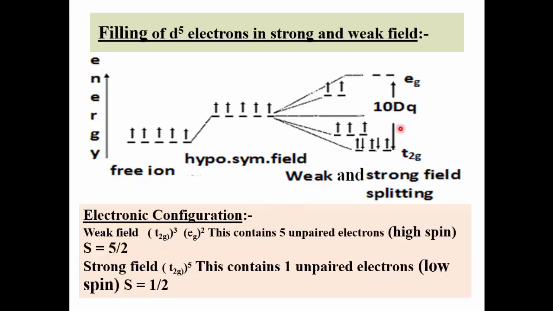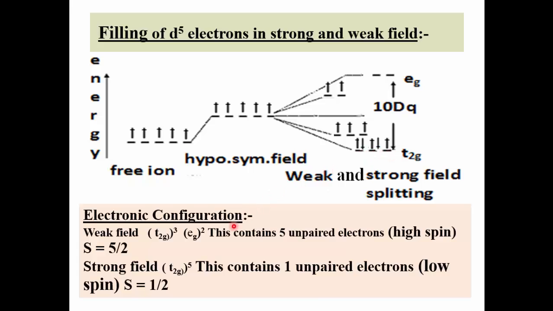Now see, in case of strong field, as the 10 dq value is high, electrons are not able to enter the eg orbital, hence there is pairing of electrons. So 1, 2, 3, the fourth electron is paired and the fifth electron is paired with these two electrons.